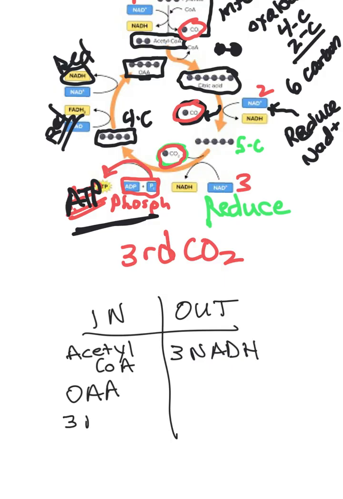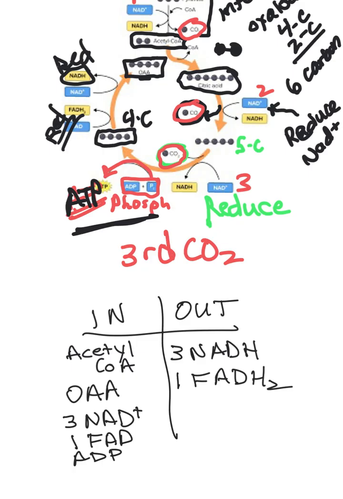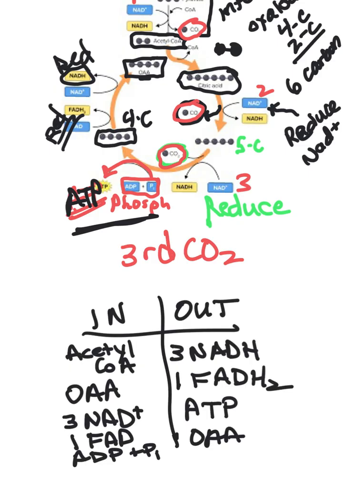So that means we had to have 3 NAD pluses. We're also going to reduce 1 FAD to FADH2. So we had 1 FAD. And then we are going to take 1 ADP, which we started with, and an inorganic phosphate, and we're going to make an ATP. In addition, we are going to make oxaloacetate at the end. So those are our ins and outs.